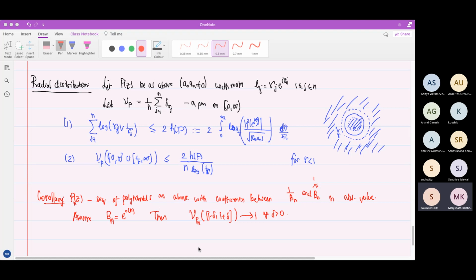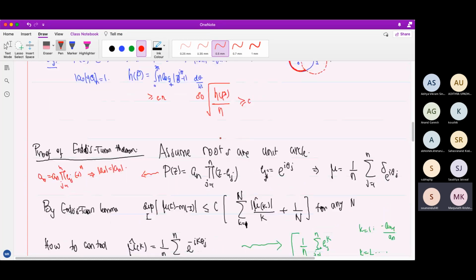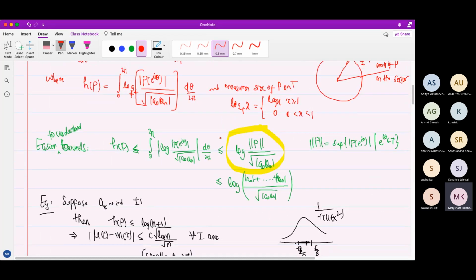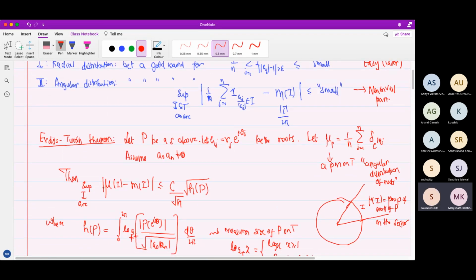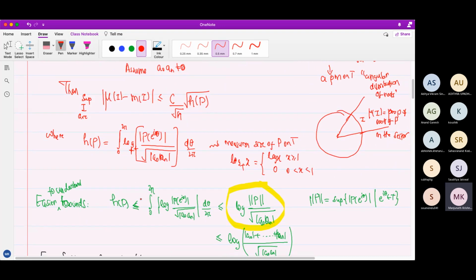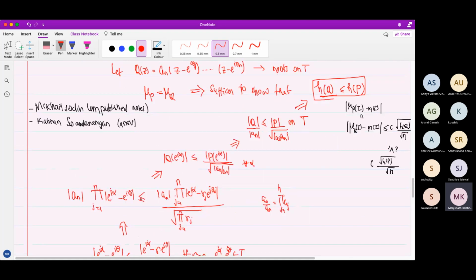So are there similar results for other, stronger metrics? The angular part, we have a stronger metric. We are showing, in fact, this. Yeah. So the radial part, I don't know for what class of sets.